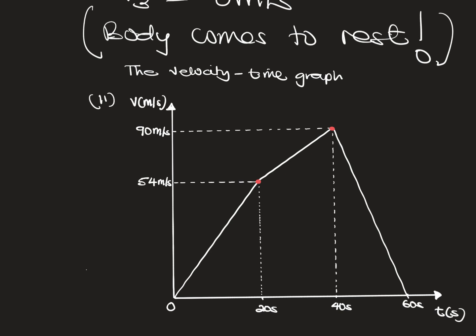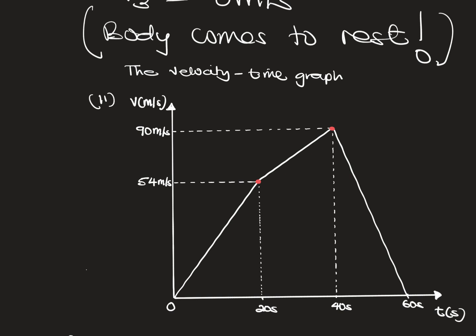Moving on to question 3, it asks us to calculate the acceleration of the body during the second interval. That is, we need to find A2. So we know the initial velocity for the second interval will be 54 meters per second.